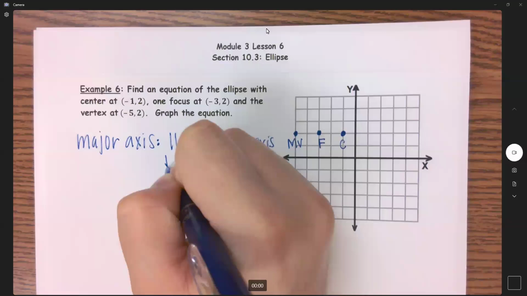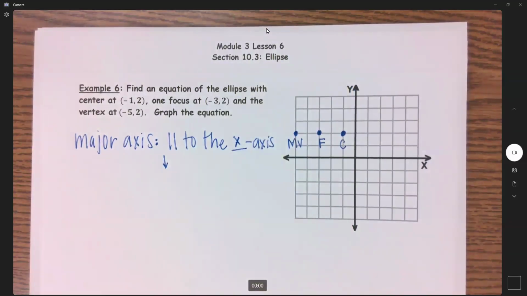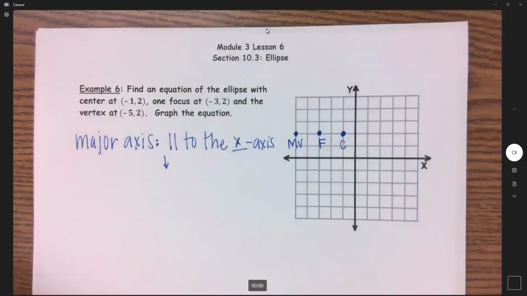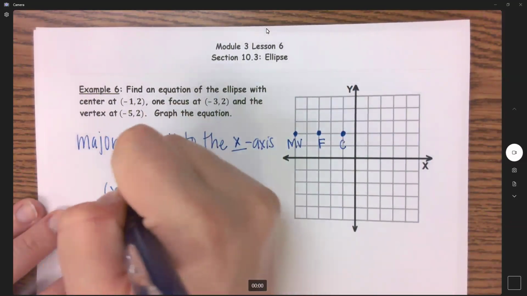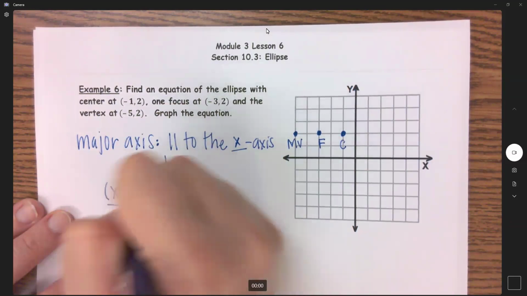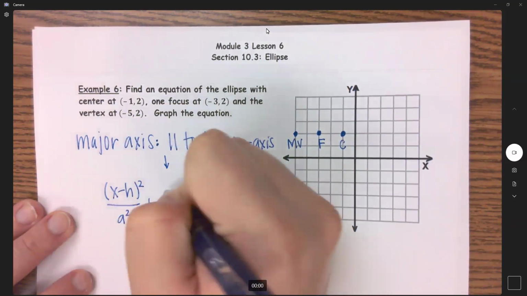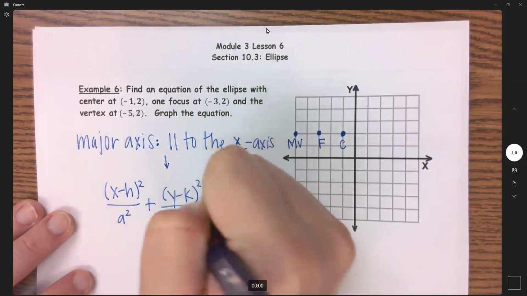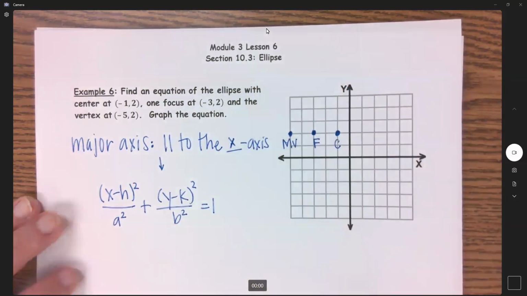So that tells me then which version of my formula I'm using. Because it's parallel to my x, I'm using this one right here. So we have x minus h squared over a squared plus y minus k squared over b squared equals 1.